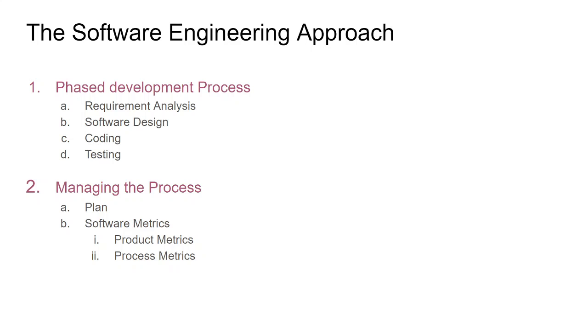The coding phase affects both testing and maintenance profoundly. There is one more phase after testing, that is maintenance, which we see after the software is built. The aim of coding, as I told you, is to convert the design into a program or software.